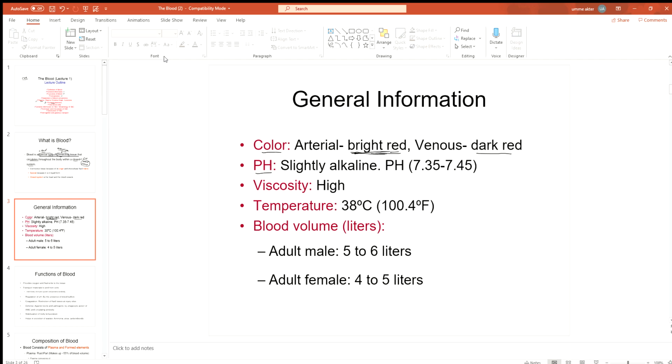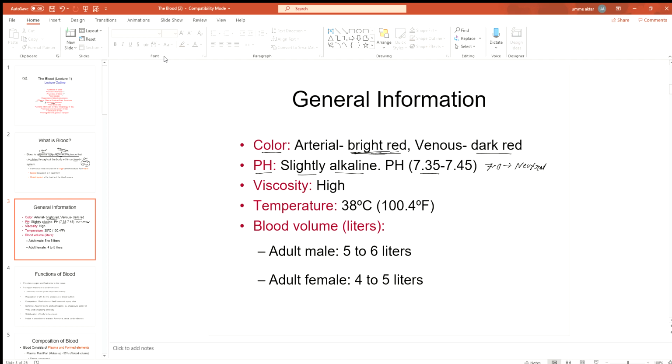pH of blood. Blood is slightly alkaline. Why? Because pH 7.0 is neutral. We know that, right? And you see the pH of blood is slightly higher than 7.0. That means alkaline.